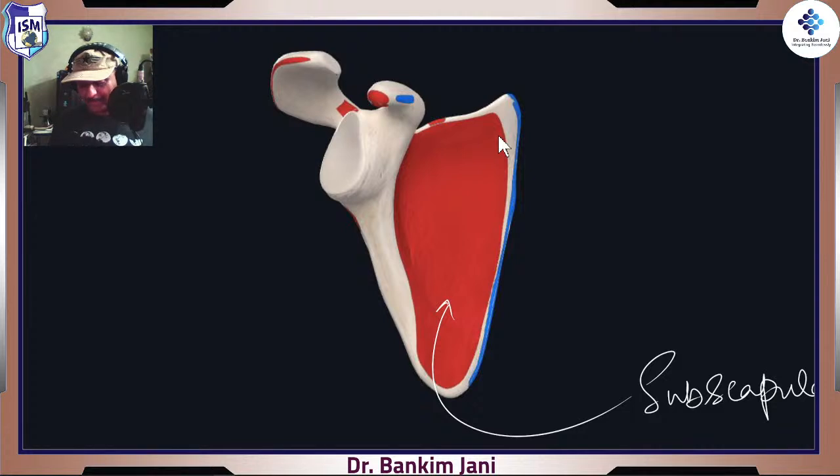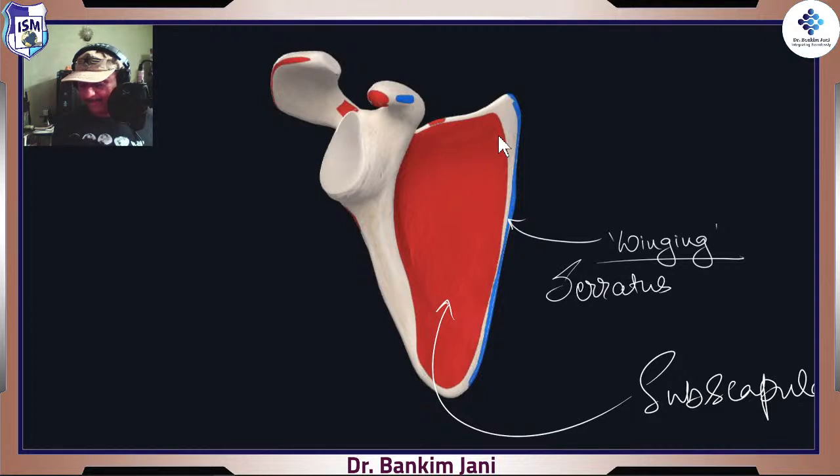With those wings, he won't be able to fly, but he'll have something called winging. Which muscle am I talking about? That's right, this is serratus anterior. And how many slips were there for the serratus anterior? 1, 2, 3, 4, 5, 6, 7, 8, 9, 10, 11, 12.